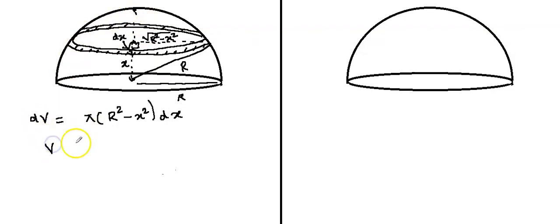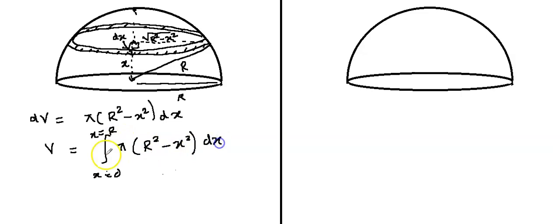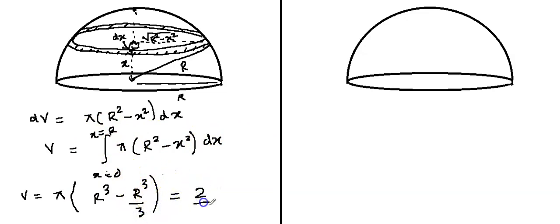So we have to integrate this from x equals 0 to x equals r. If you do this integral, you take pi outside, r squared times x gives r cube, minus the integral of x squared dx, which is x cube by 3 from 0 to r, so r cube by 3, which gives us 2 by 3 pi r cube.